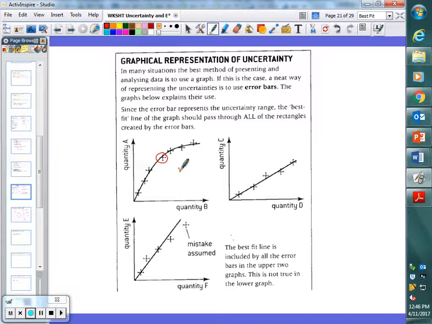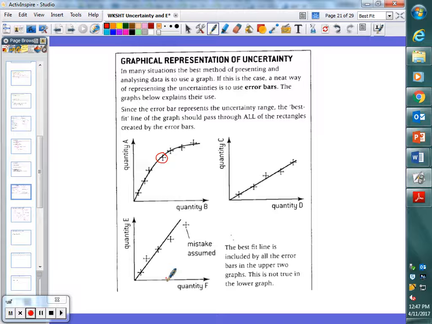We should find that when we draw our line of best fit, which is meant to represent the relationship between those two variables, our line of best fit should fall into the range of all of those measurements as outlined by the error bars.